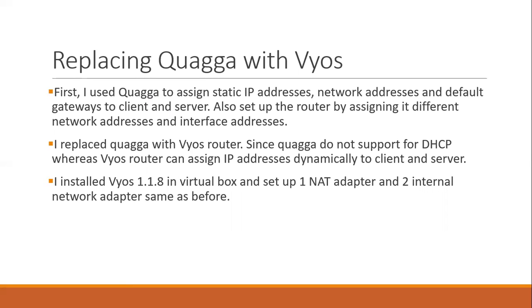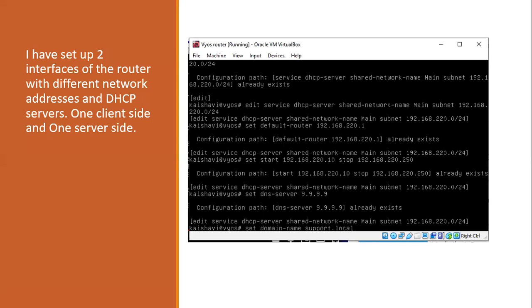So I installed Vyos 1.1.8 in VirtualBox and set up one NAT adapter and two internal network adapters same as before. I have set up two interfaces of the router with different network addresses and DHCP servers, one client side and one server side. You can see the commands in the picture.